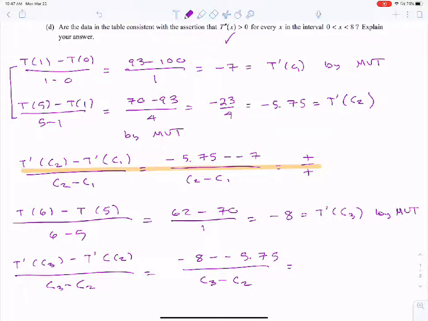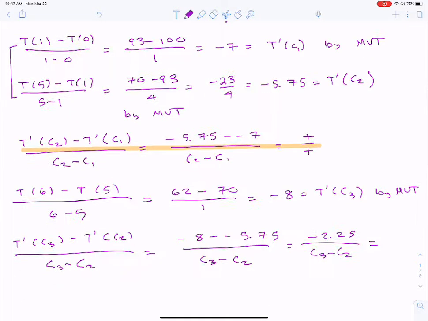So I'm going to say this is going to be equal to -2.25 over C3 minus C2, which has to equal, and again, I know we don't know what C3 and C2 are, but we do know it's a positive number, but that's going to have to equal T double prime of C in that interval, right?